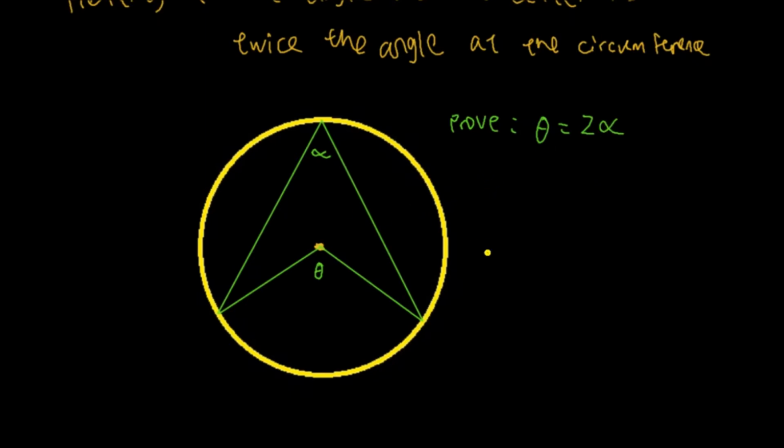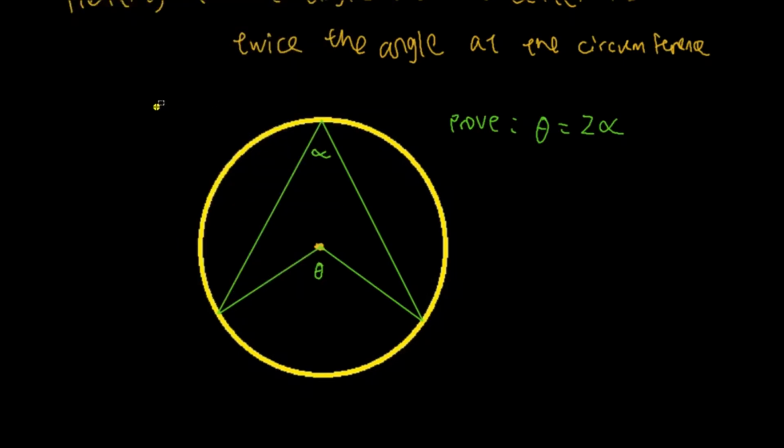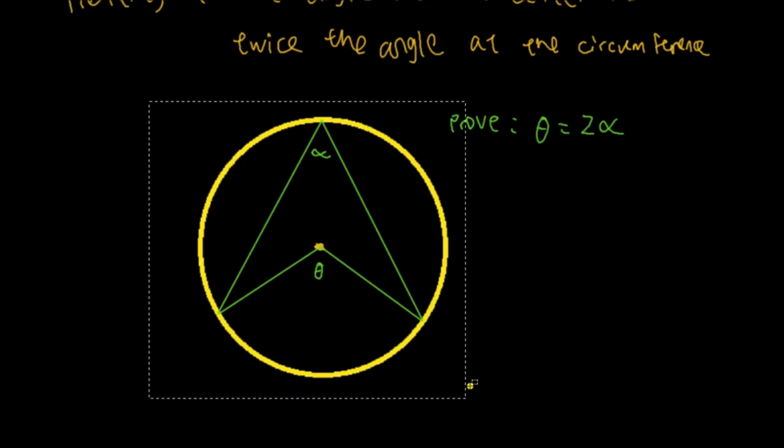Okay, so let's do this. I'm going to just take this circle and then relabel this.